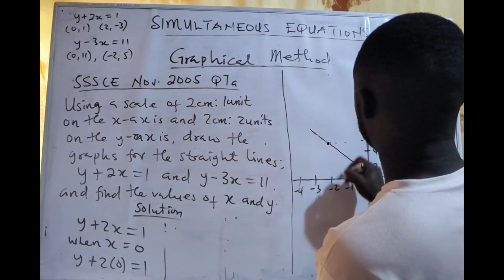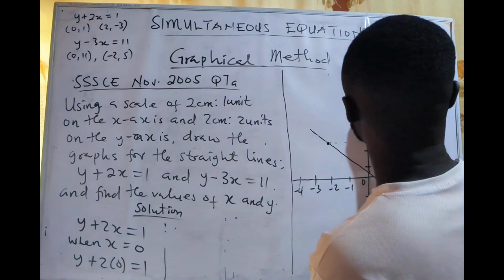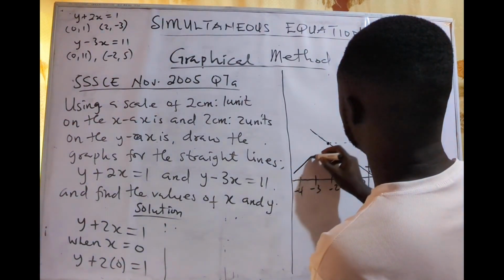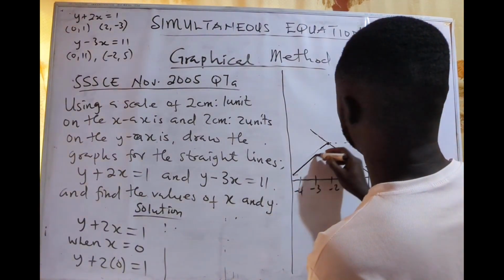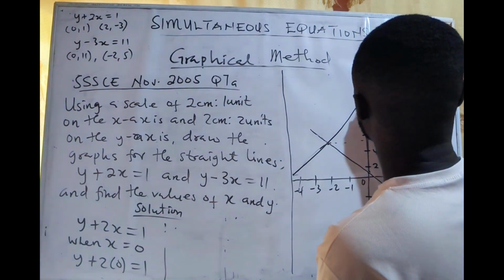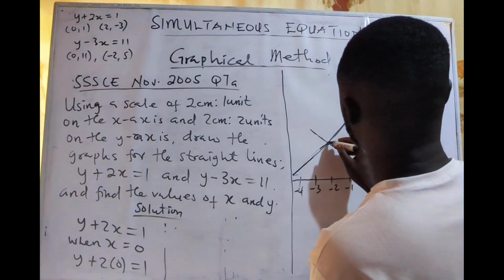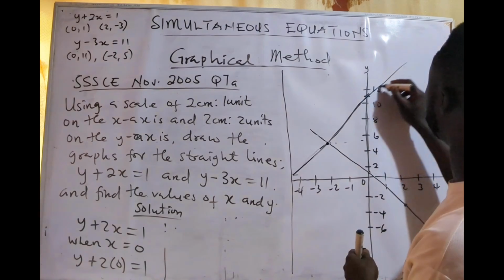Okay. So we can get it to pass through here and here. Our line will pass through these 2 points. So this is also a straight line.